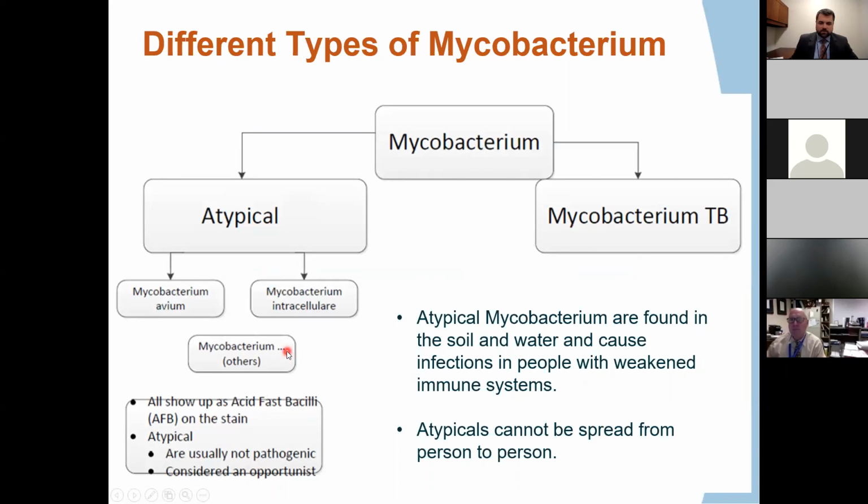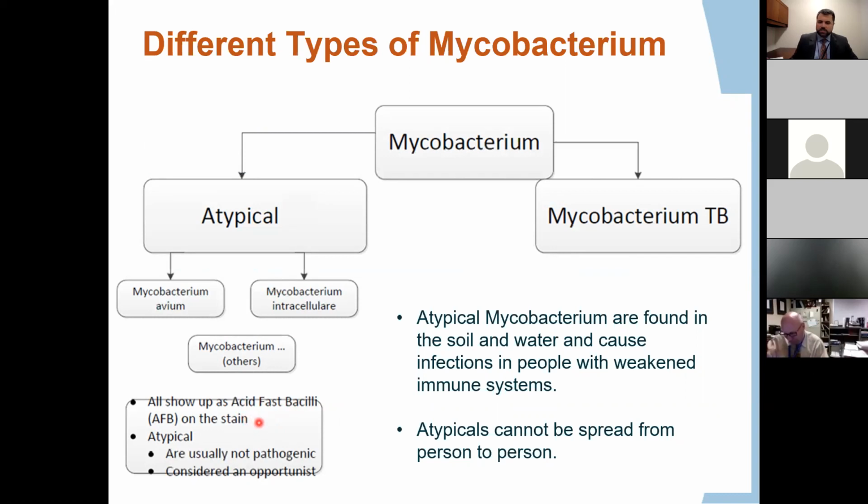Usually, if you're testing for TB and you have a positive AFB, at that point you're not sure if it's going to be an atypical Mycobacterium or TB. The microlab can get very worried that you're going to have TB, and if people hear that they're AFB positive, everyone can get very worried, but you have to wait and figure out if it's TB or an atypical Mycobacterium.